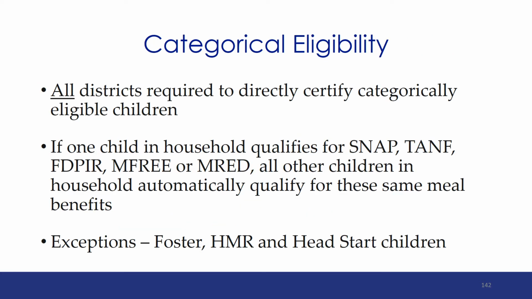In an effort to increase access to the child nutrition programs and to streamline the eligibility process, all districts, both public and non-public, are required to directly certify categorically eligible children. If one child in the household qualifies for SNAP, TANF, FDPIR, Medicaid free, or Medicaid reduced, all other children in the household automatically qualify for these same benefits.